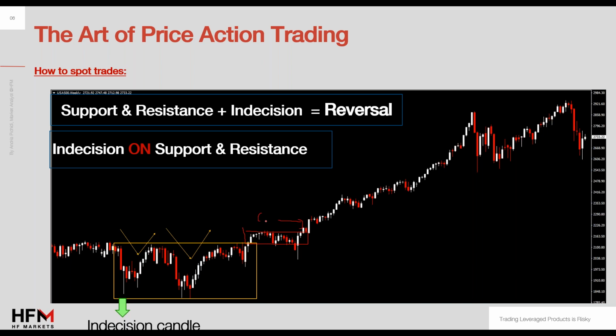So that could be an entry point, because remember, firstly, indecision at a support or resistance level means reversal. Indecision above the resistance level is not an entry, but once the asset breaks this sideways move, that could be an entry point.